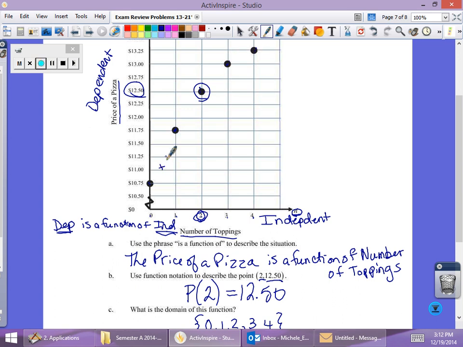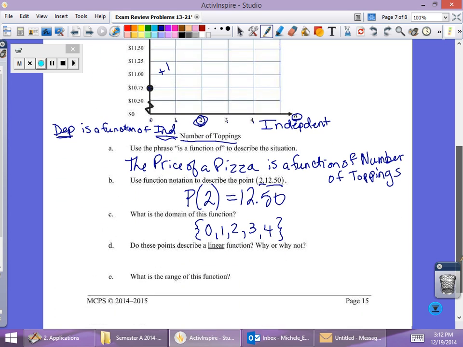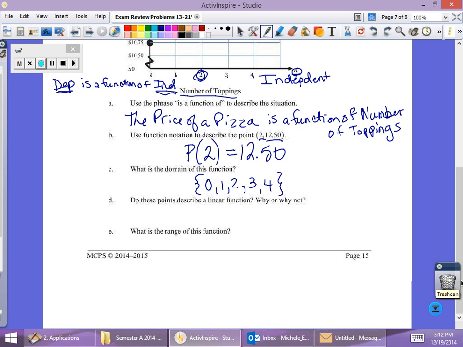So if I'm adding $1 and then 75 and then 50 and then 25, I am not adding a constant rate. So if I'm not adding a constant rate, it is not linear. So do these points describe a linear function? No, it is not increasing at a constant rate.